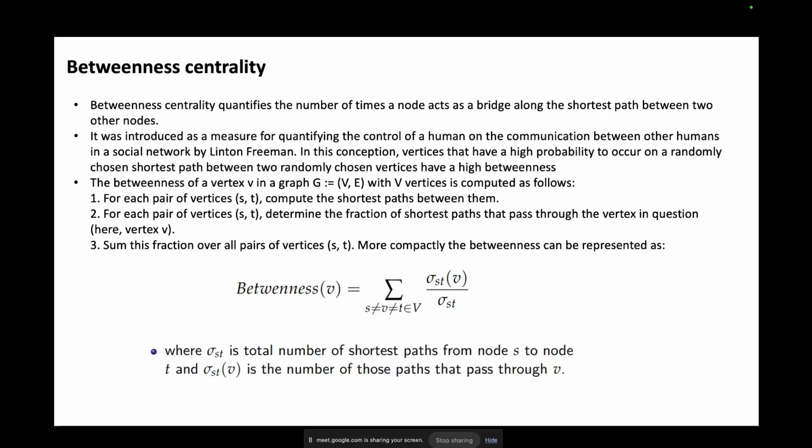That means more often than not, the transcription factor is involved in expressing that phenotype. That transcription factor is very important for the gene to express that phenotype. So intuitively, that node becomes very important because it acts as a bridge between the other two nodes, right?